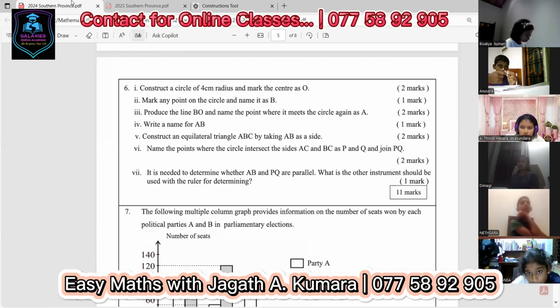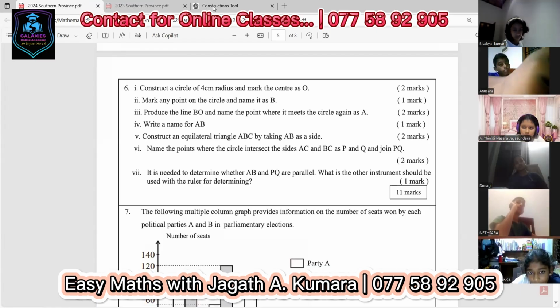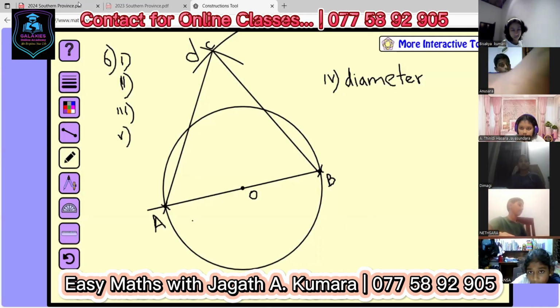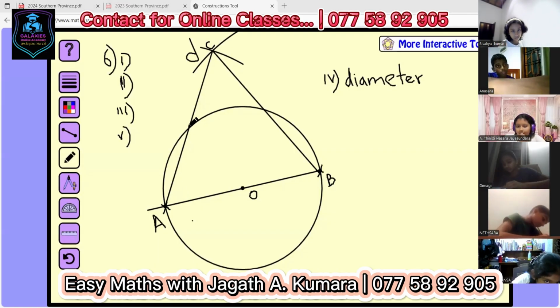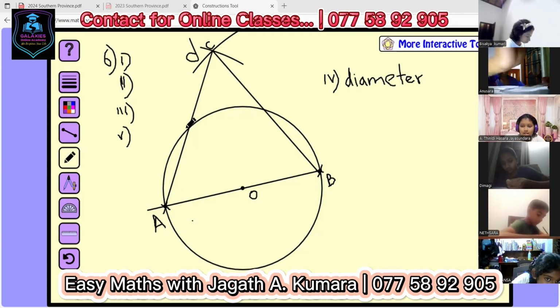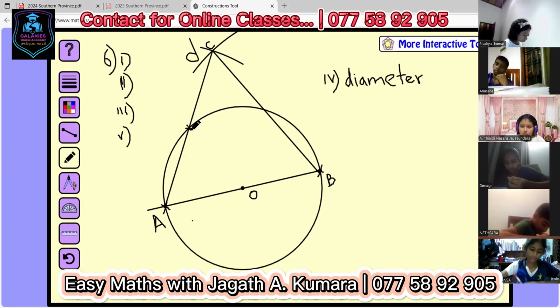AC intersecting point is P. This is AC, this is the intersecting point so this point should be P. හරි නම් මෙන්න මේක තමයි P එක.